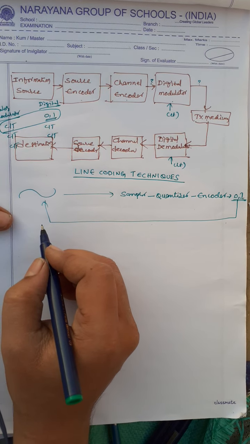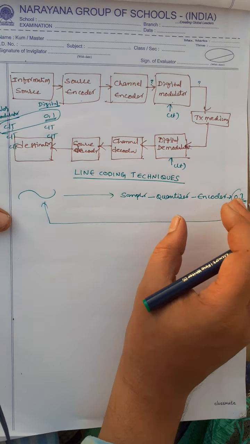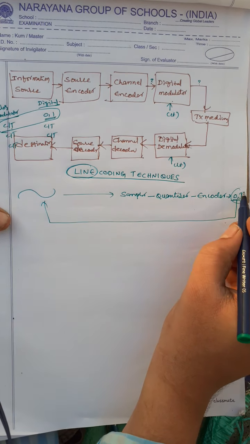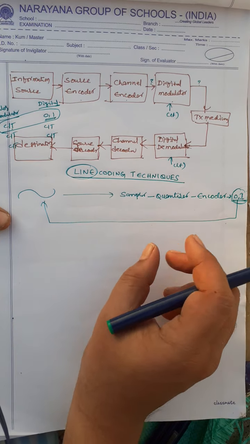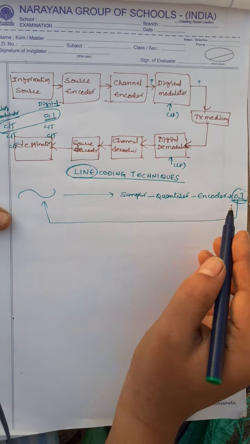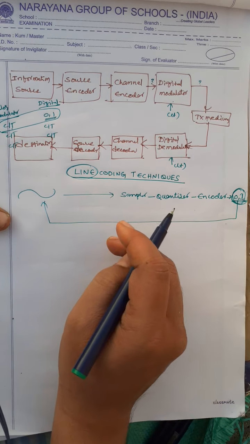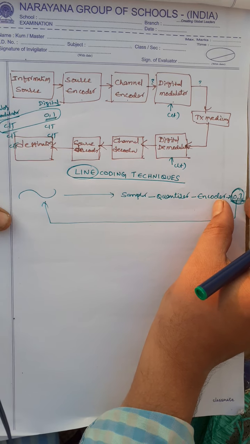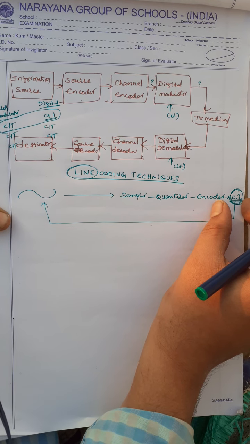Now I want to transmit this data, these zeros and ones, through any medium. Why is it called a line? Because I want to transmit this binary data through a line or a medium. If you want to transmit this data directly through a medium, it is not possible. So what do I have to do?